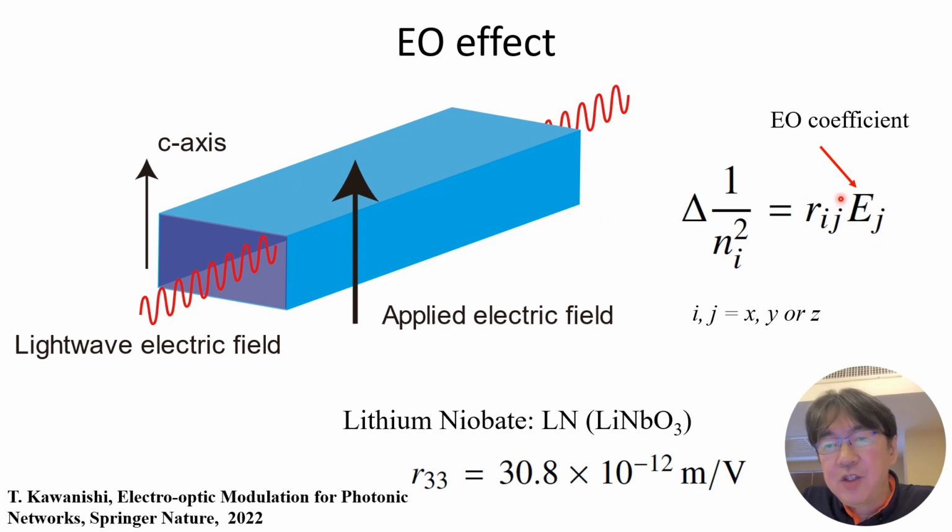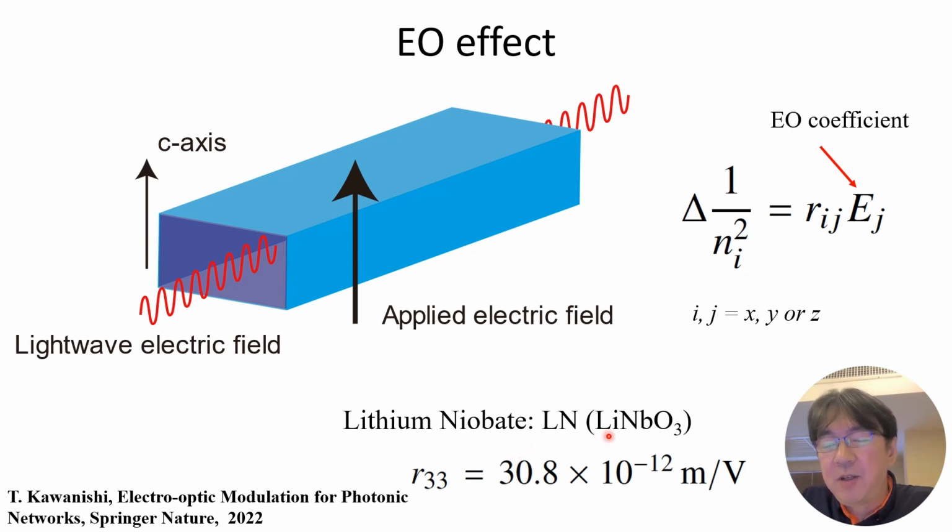And Ej denotes the applied electric field. So R33 denotes the refractive index change on that direction induced by the electric field on that direction.